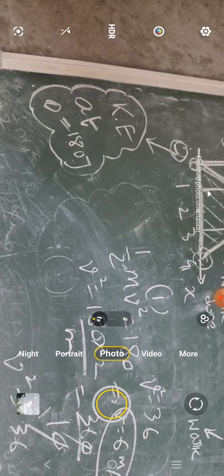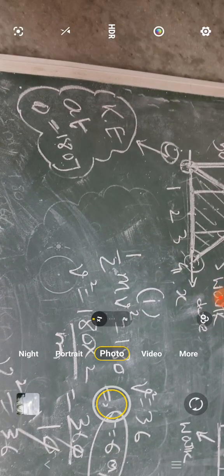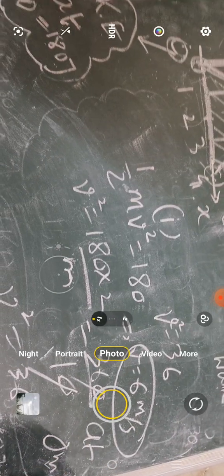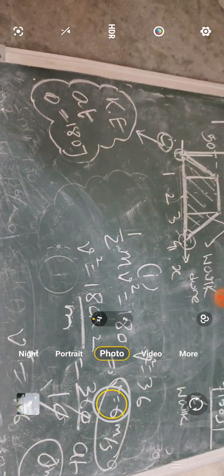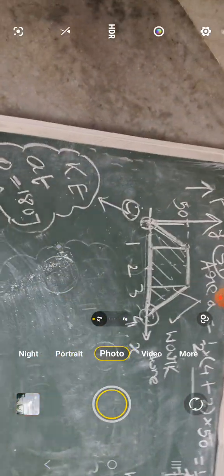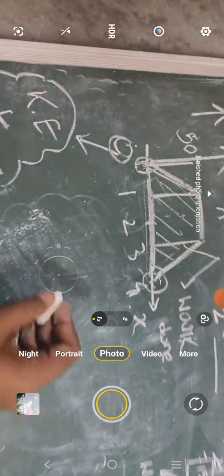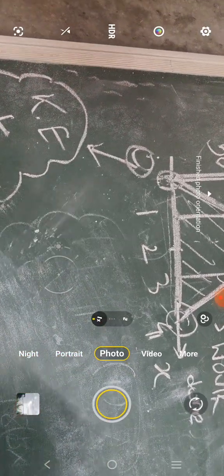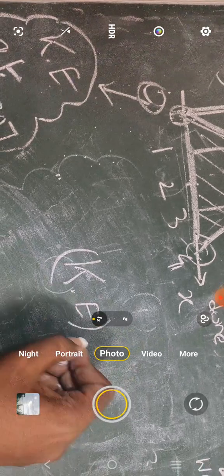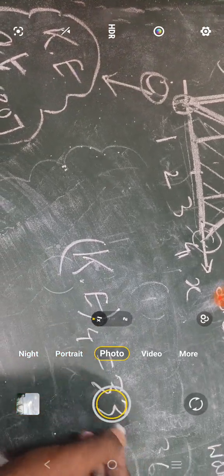Second, they are asking the speed of the block at 4 meter. We have got the speed of the block at 0 meter as 6 meter per second. What is the kinetic energy at point 4? It is 330 joule.